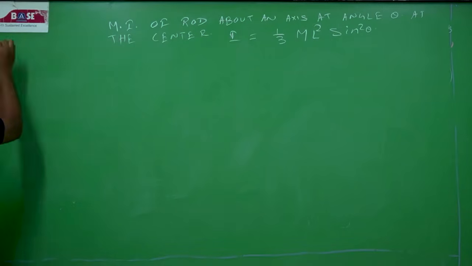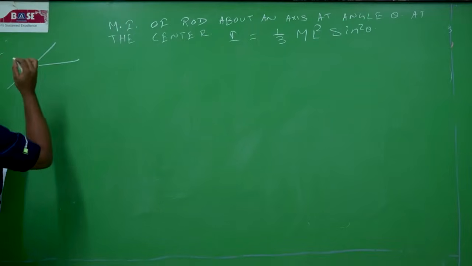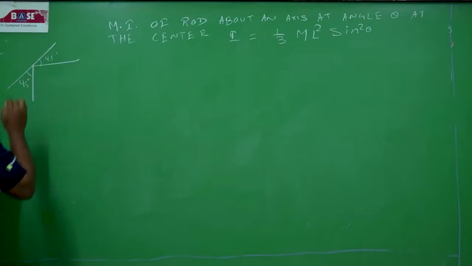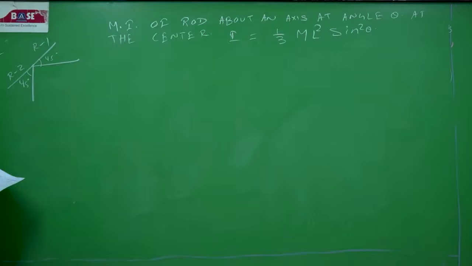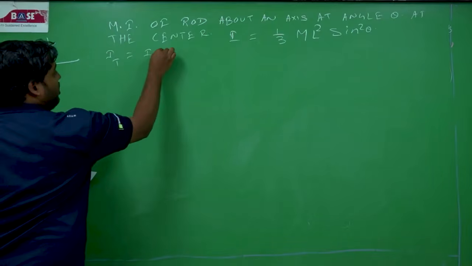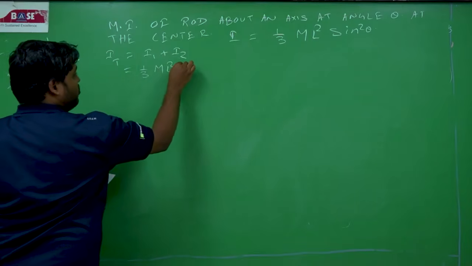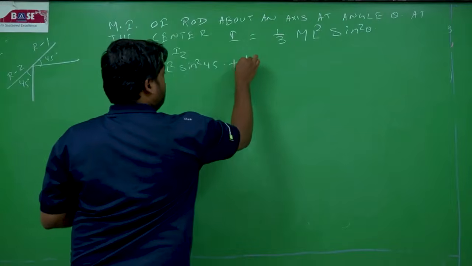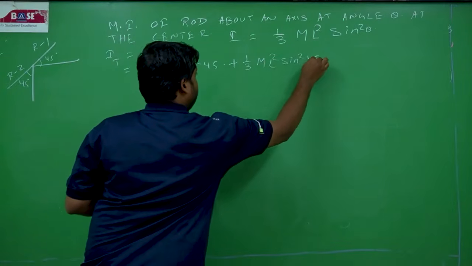First, we will consider the P diagram. It is given like this, making an angle of 45 degrees with the center. So I can take this one as rod 1 and this one as rod 2. Now I total will be I1 plus I2, that will be 1 by 3 ml square sine square 45 plus 1 by 3 ml square sine square 45.